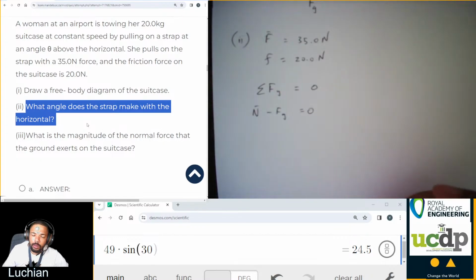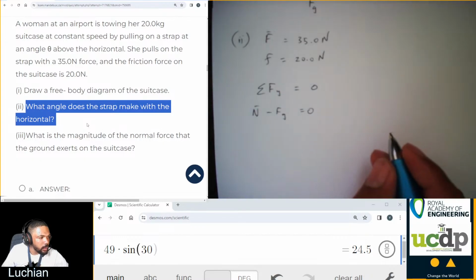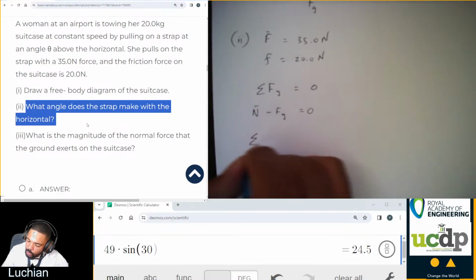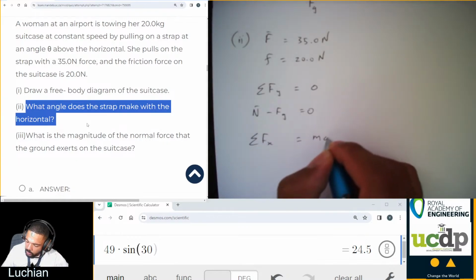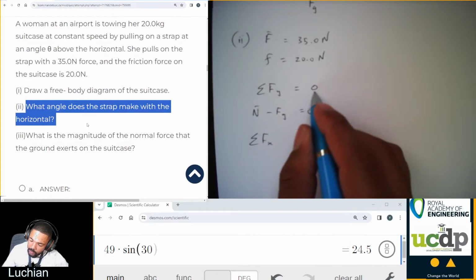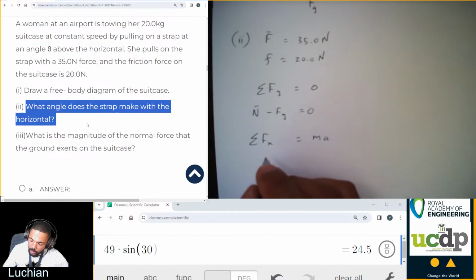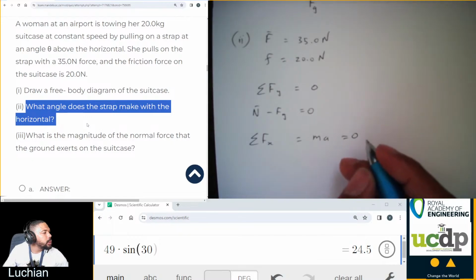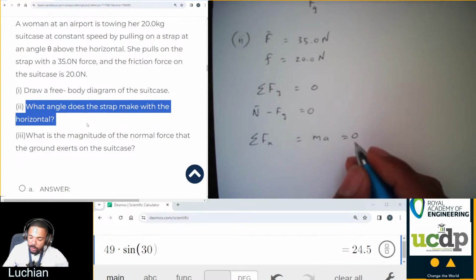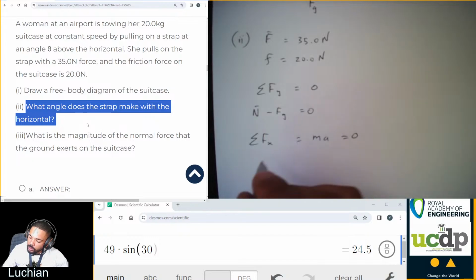They are exactly equal. Then the sum of the forces in the x direction is equal to mass times acceleration. But there's no acceleration, and that is 0 because she is pulling it at a constant speed. So the sum of the forces in the x direction should be 0.